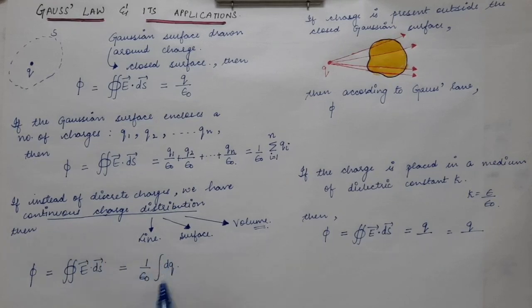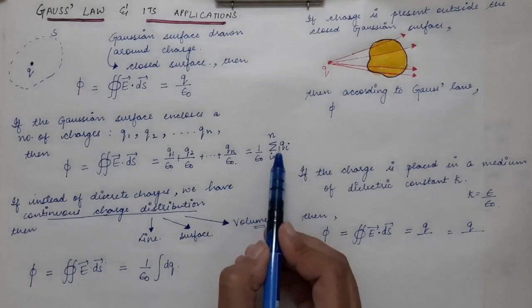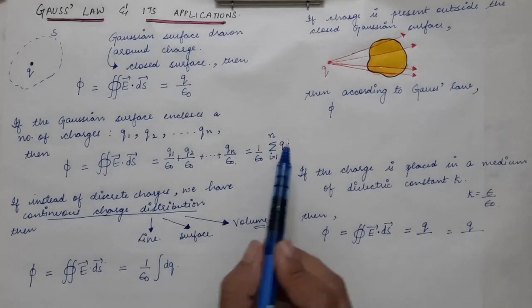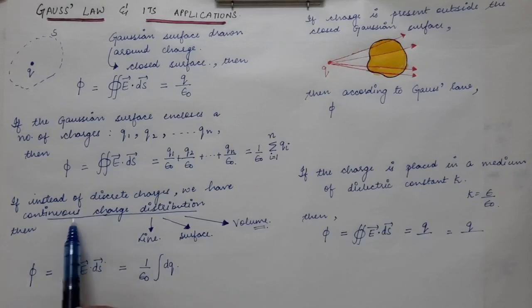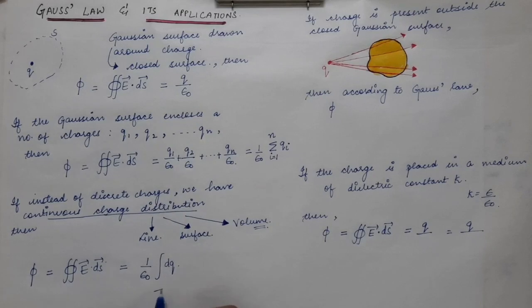Then we do the integration over this small charge element. That will give you the total charge which is present on that system. So this integration will give us the total charge present inside the Gaussian surface. So the formula of flux for a continuous charge distribution is given by this form.